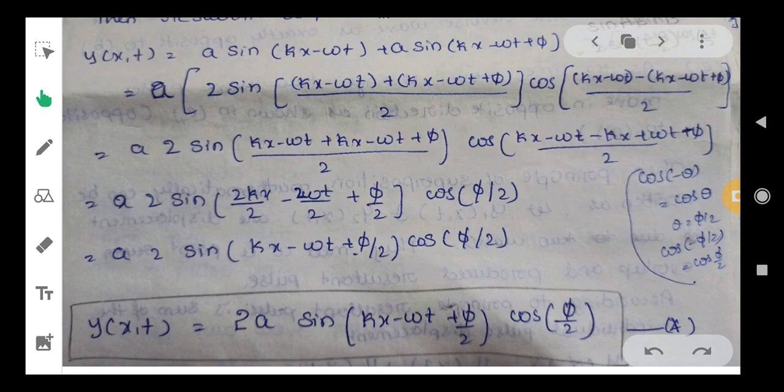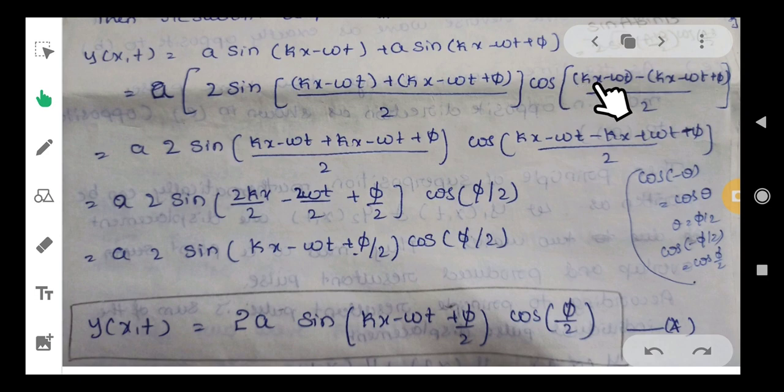Sin a plus sin b can be written as 2 sin((a + b)/2) into cos((a - b)/2). According to this, sin a plus sin b can be written as 2 sin, where a is replaced by kx - omega t, plus b is replaced by kx - omega t + psi, divided by 2, into cos of a minus b.